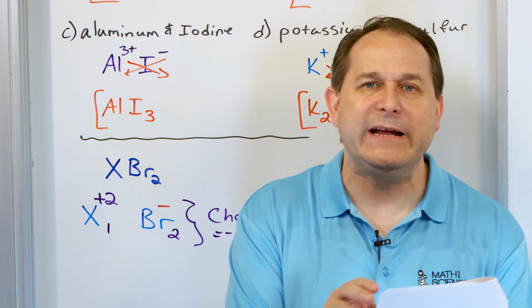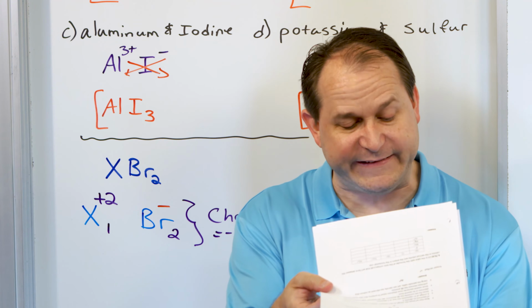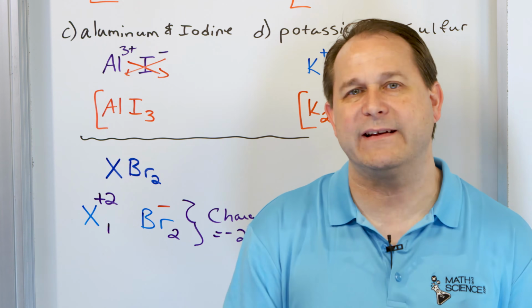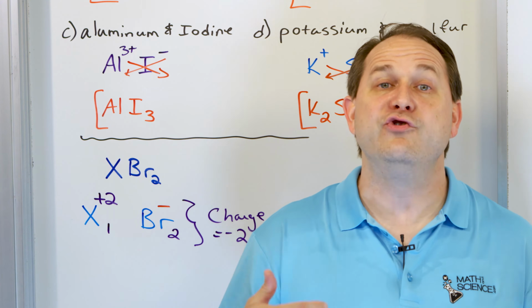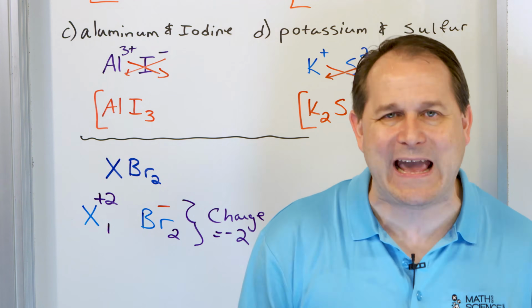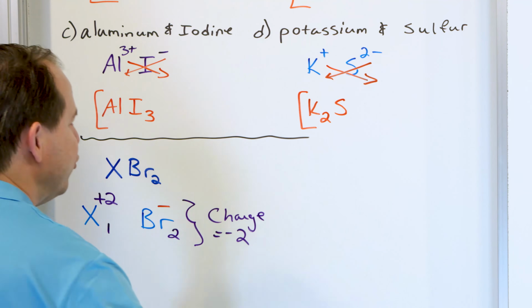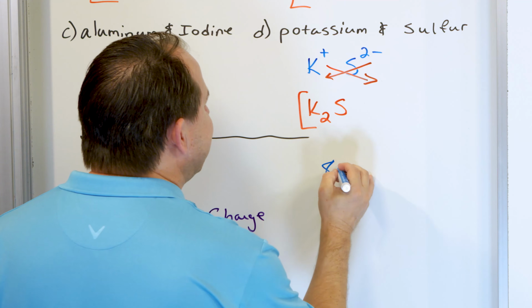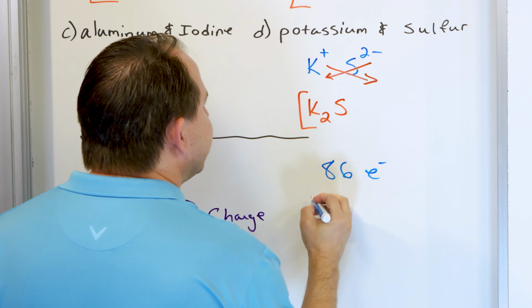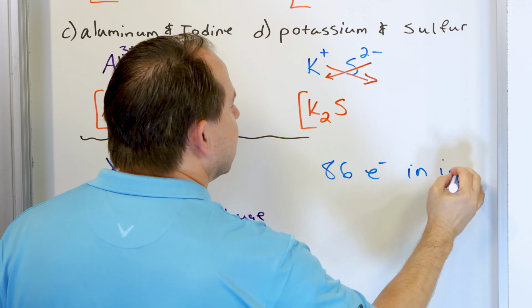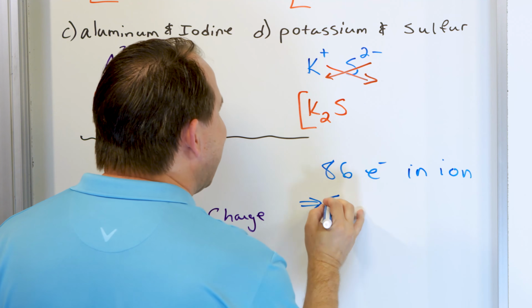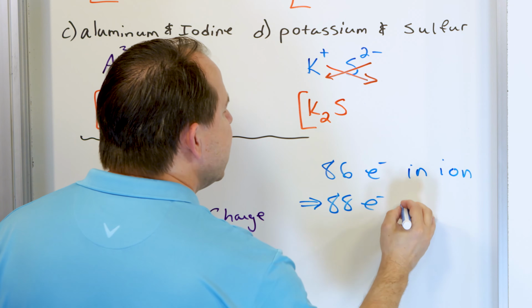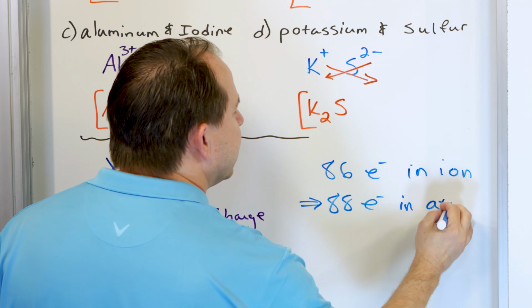Now it tells me right here that the actual element in this state has 86 electrons. And that means the neutral form of the atom must have 88 electrons. It has to have 2 more. So in other words, I have 86 electrons in the ion, and so I must then have 88 electrons in the neutral atom.